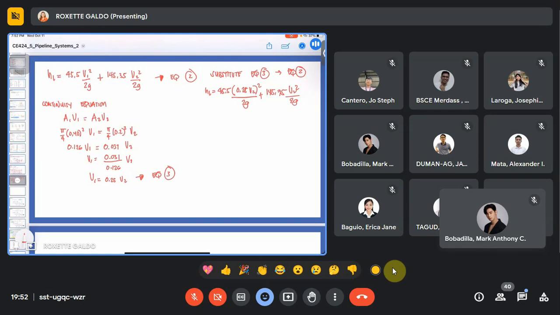You simplify this: 45.5 times 0.25 squared plus 145.35. HL is equal to, you factor out V2 squared over 2G. That is 45.5 times 0.25 squared plus 145.35.